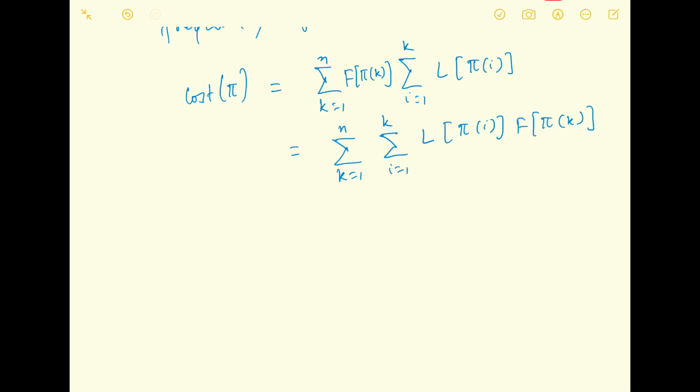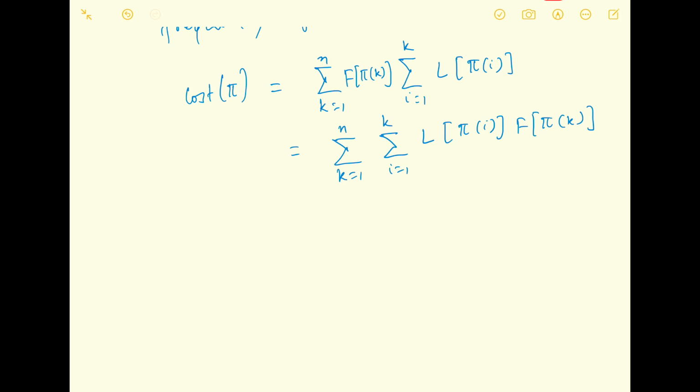Now let's think of a simpler problem where the length of each file is the same and only the access frequency differs. Then how should we arrange the files so that the cost of pi of that arrangement is minimized? Again, the same intuition tells us that you arrange the files in such a way that high frequency files, which are accessed frequently, are stored at the beginning, and low frequency files are stored at the end.